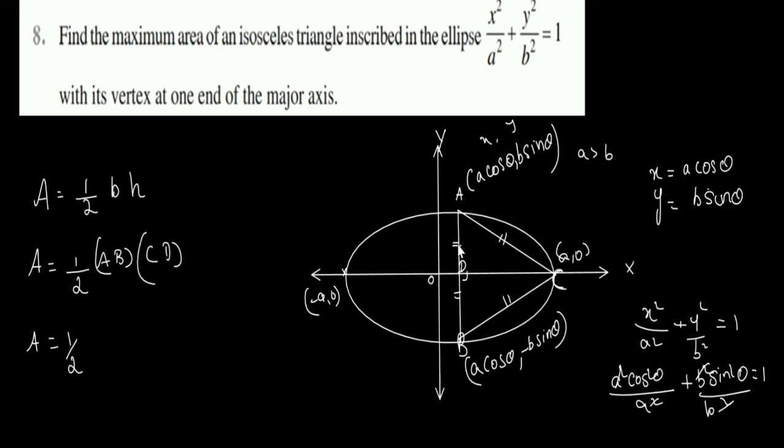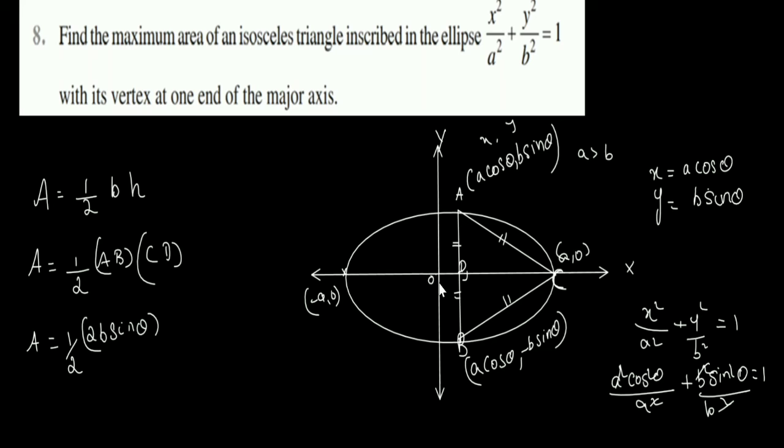What is the y coordinate here? b sin theta. Only the magnitude, don't take the direction here. So the total length AB will be 2b sin theta, b sin theta plus b sin theta. So this AB is 2b sin theta, and the length CD.